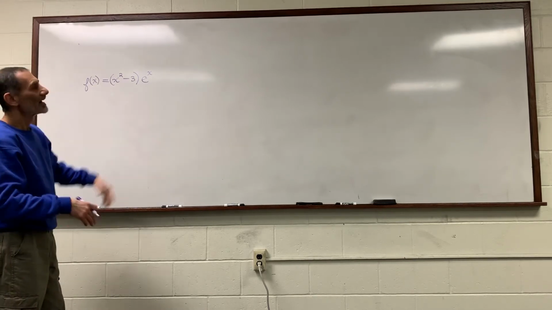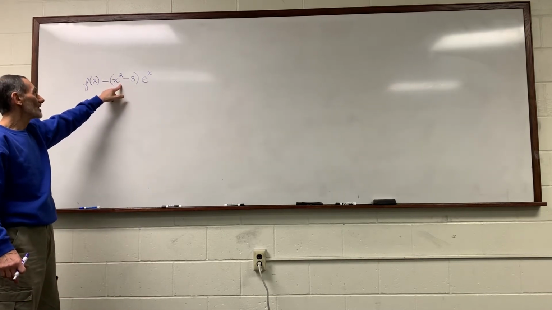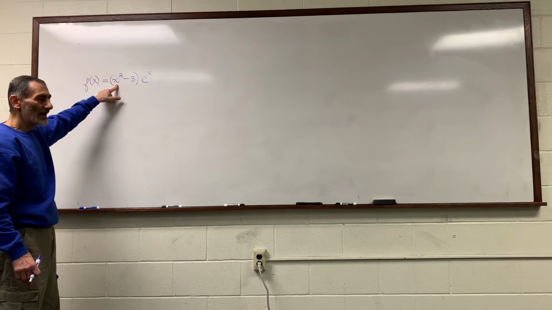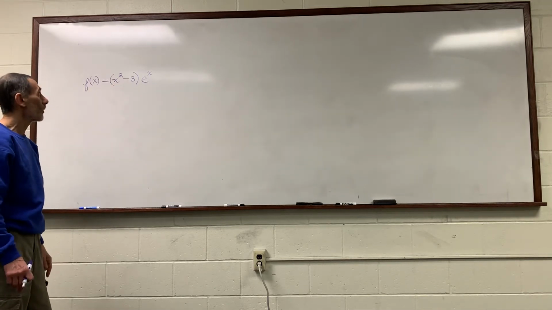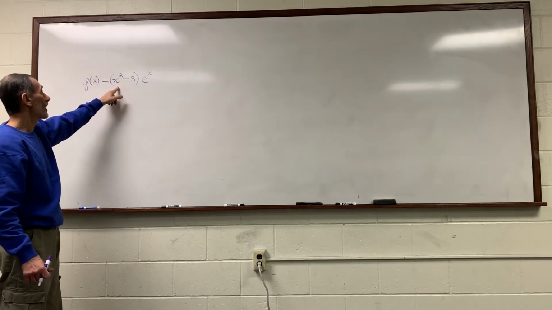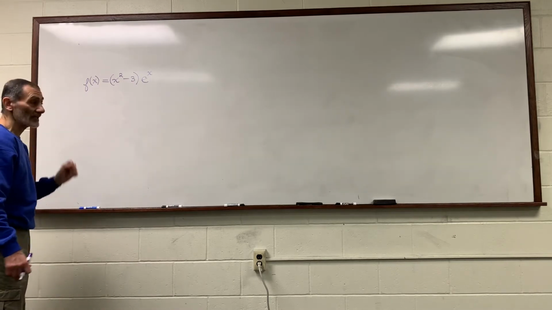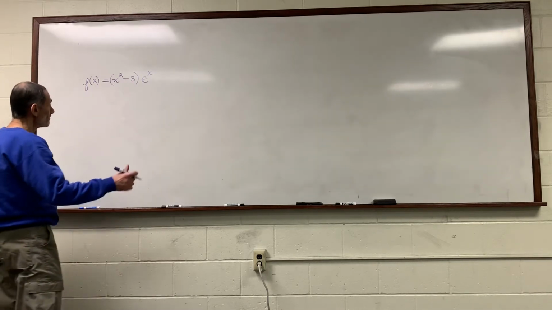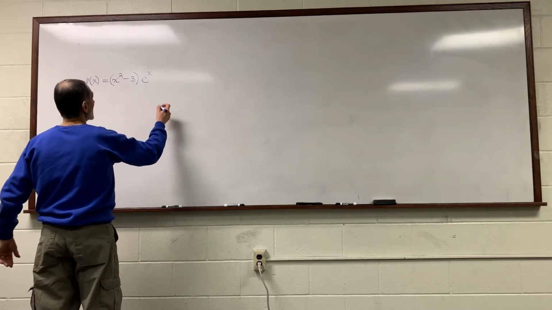Going back again to before you ever saw a calculus text, clearly, if x equals plus or minus the square root of 3, x squared minus 3 will equal 0. And we'll have our x-intercepts. If x equals 0, we'll have negative 3 times e to the 0, or simply negative 3 for our y-intercept. But that will all be hashed out.